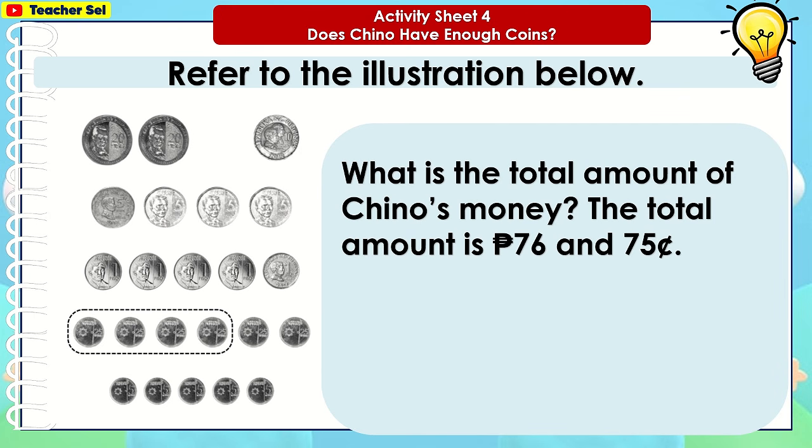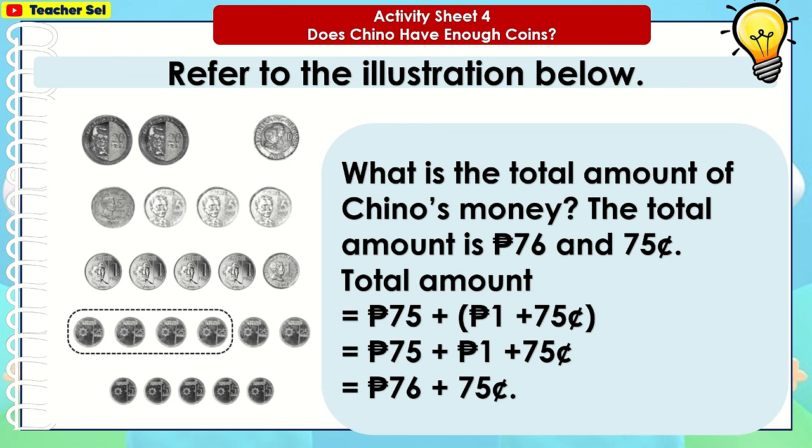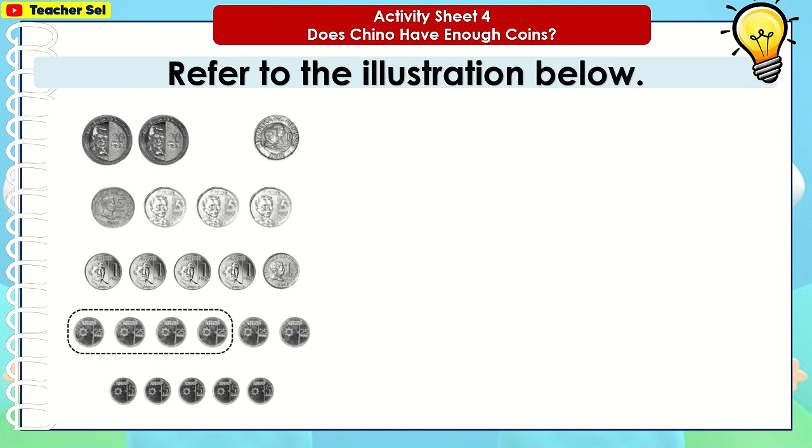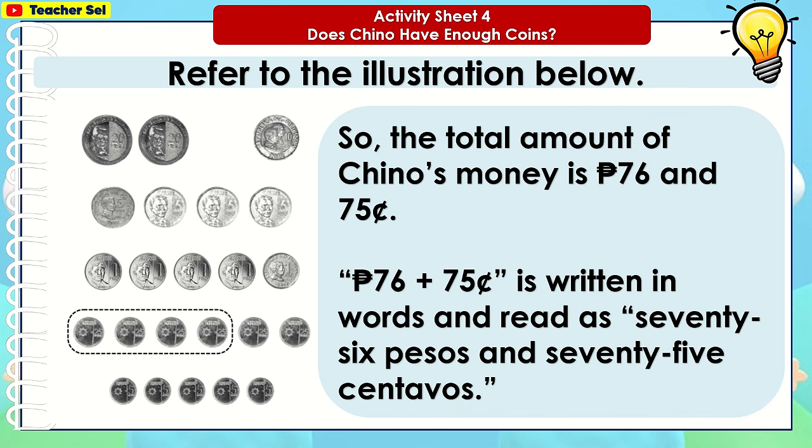The total amount is 76 pesos and 75 centavos. 76 pesos plus 75 centavos. So, the total amount of Chino's money is 76 pesos and 75 centavos. It is written in words and read as 76 pesos and 75 centavos.